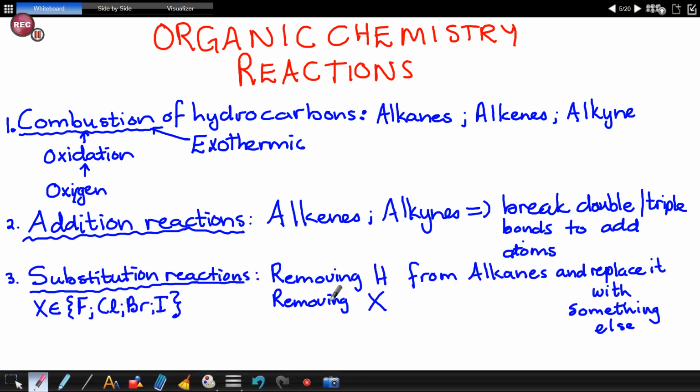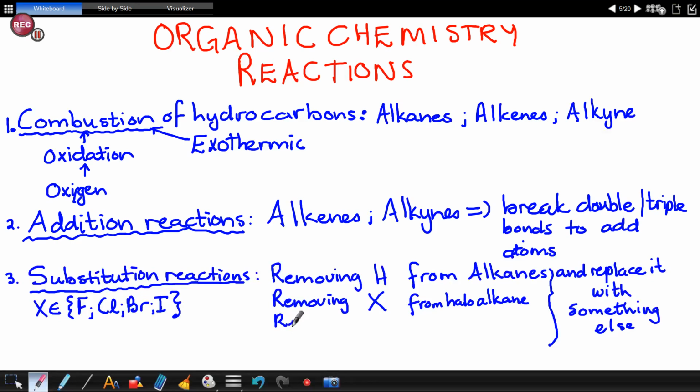Those four halogens. So the X replaces the halogen. So you're removing an X from a haloalkane, and you're replacing it with something else.